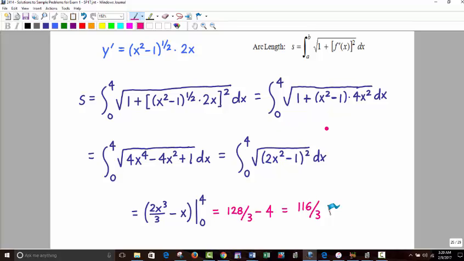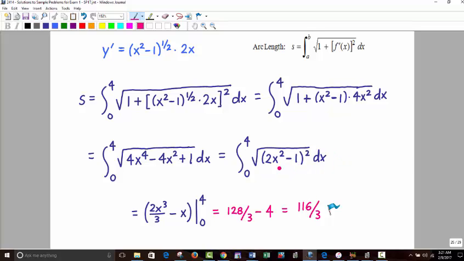So this factors into a pair of these: 2x squared minus 1 times 2x squared minus 1. And that's going to work out beautifully, because that's a perfect square. So the square root of 2x squared minus 1 squared, the square root will kill the square, so you're just left with 2x squared minus 1, which I didn't write that step.